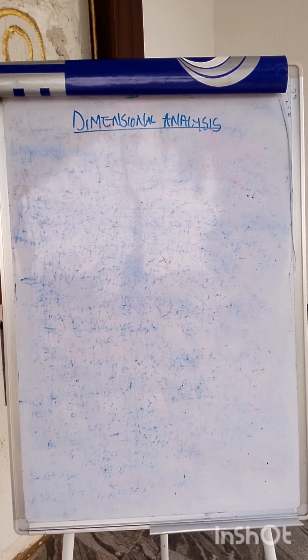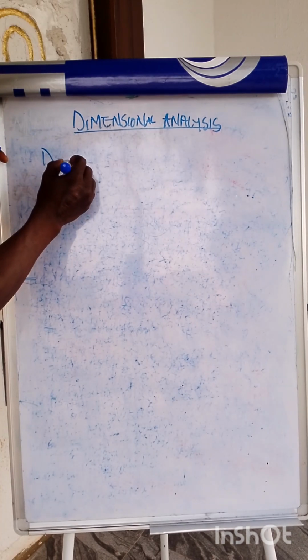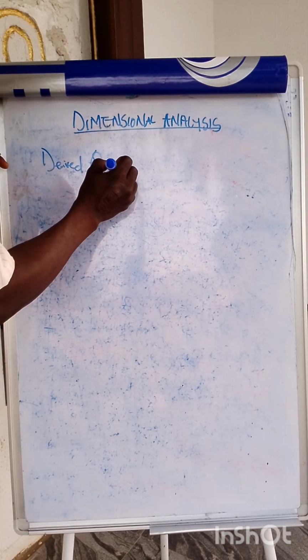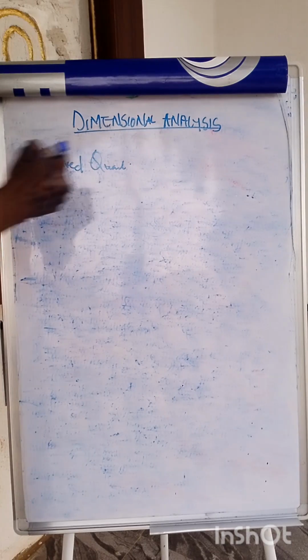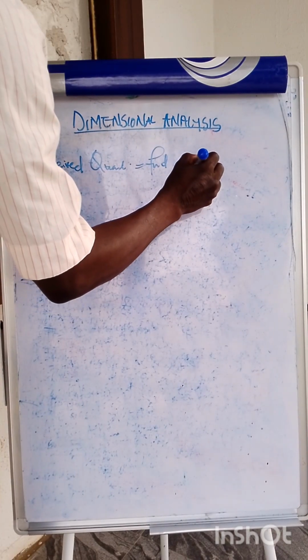Alright, so dimensional analysis is actually showing the relations of derived quantities to the fundamental quantities from which they are obtained. I told you what a derived quantity is in our last class: derived quantities come from our fundamental quantities. Are you with me?